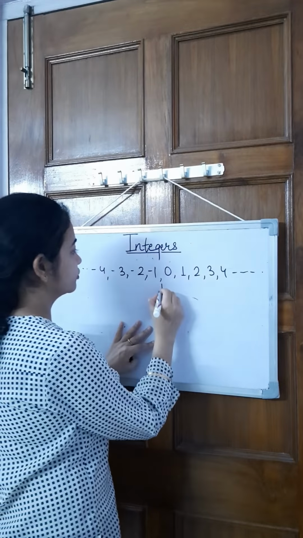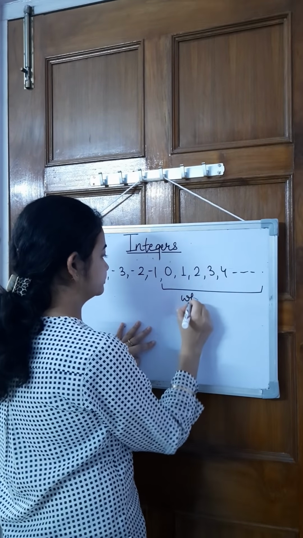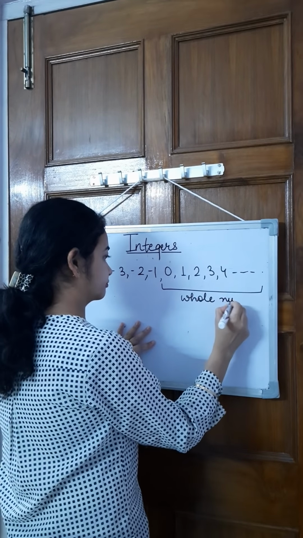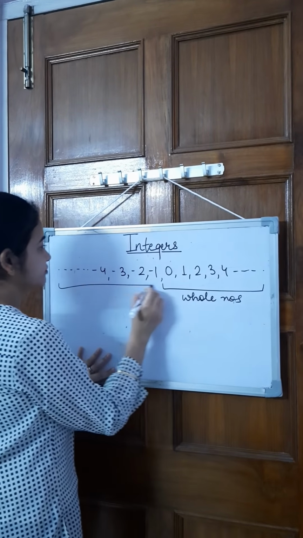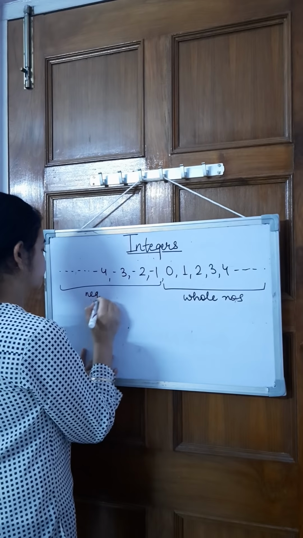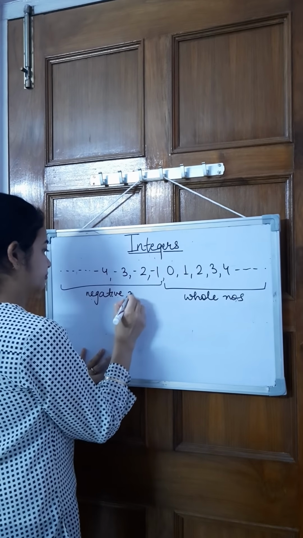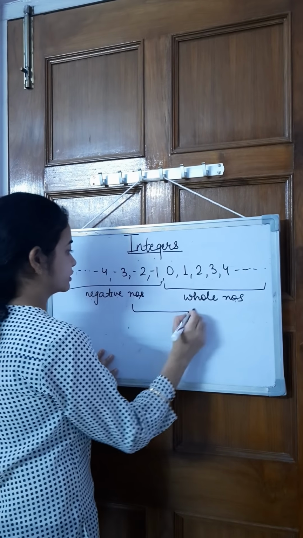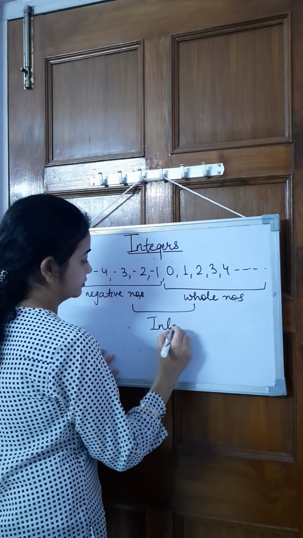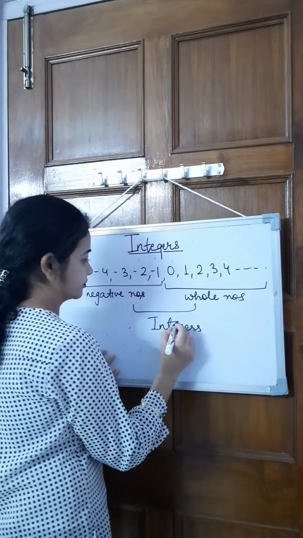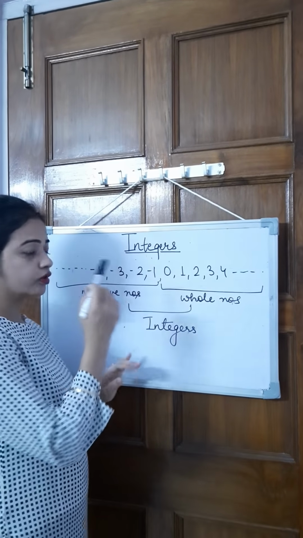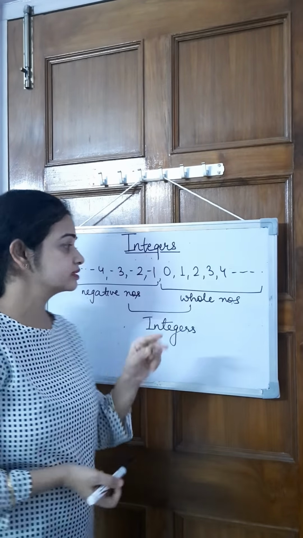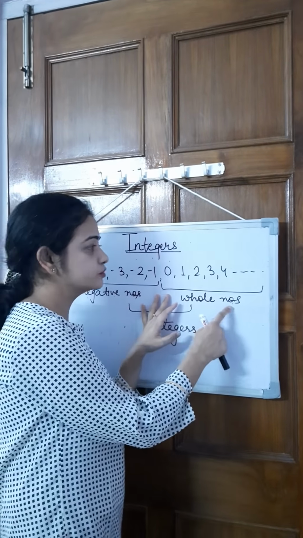So we have whole numbers, and we have negative numbers, and together they are called integers.